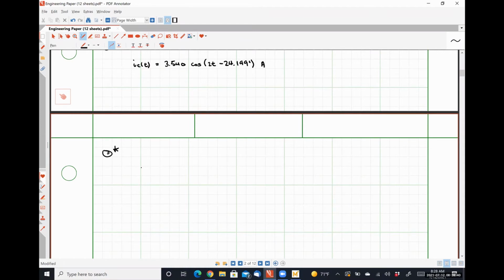All right, so we have 10 angle positive 15 degrees volts goes here. 5 ohms goes here. 2 angle negative 30 degrees amps goes here.